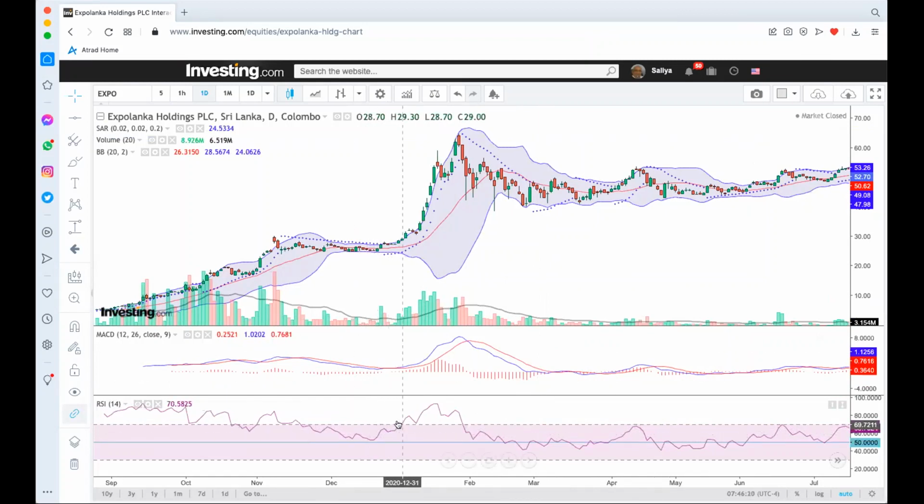When the RSI moved above 70 points, on the 31st of December for Expo Lanka, the stock was trading within a range of 2870 to 2930.